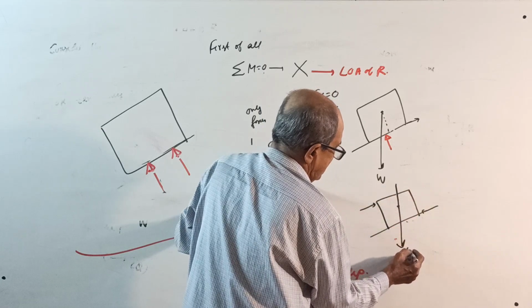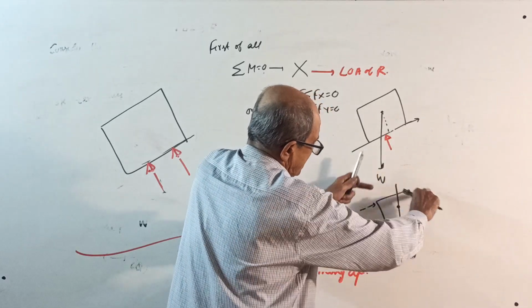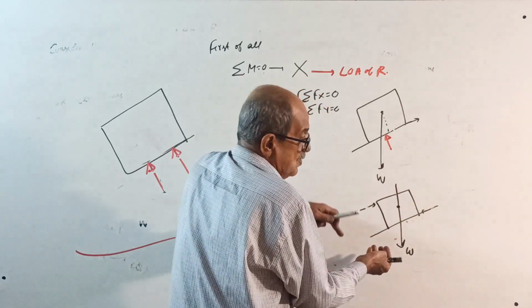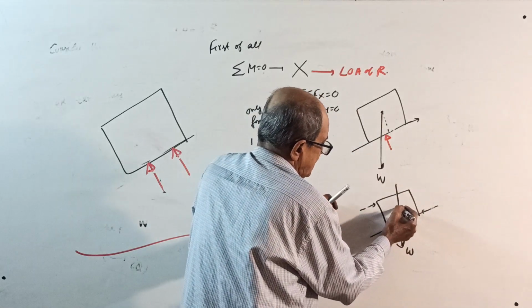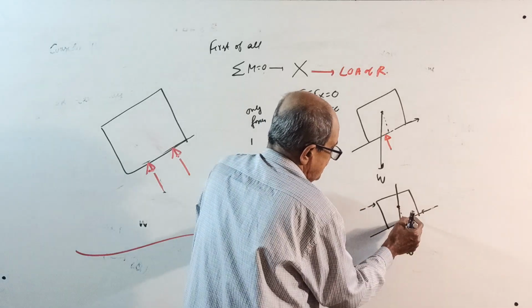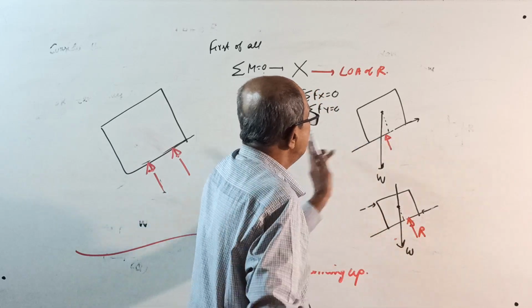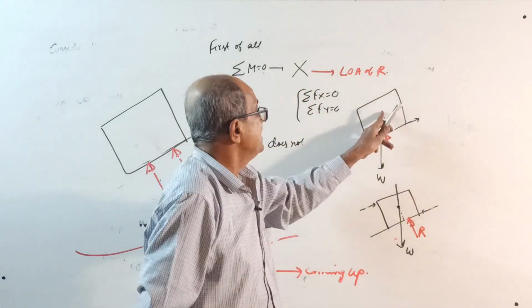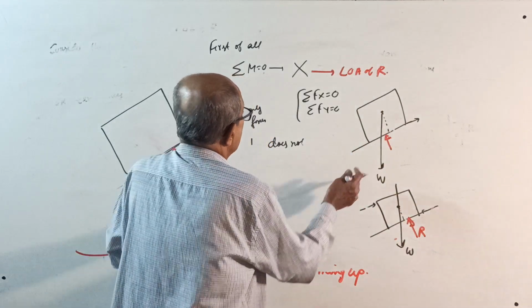Weight W is acting here. Now if I take moment here, this also will create a clockwise moment. So for balancing, you require anti-clockwise moment. So what I do, if I project here, normal reaction is here, a little to the left or right of this projected point.